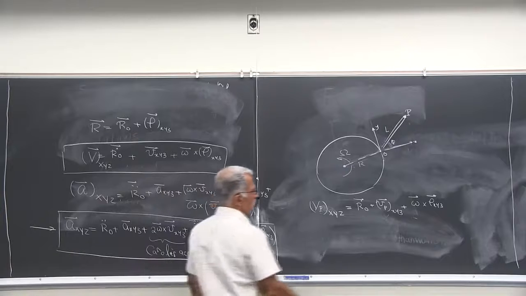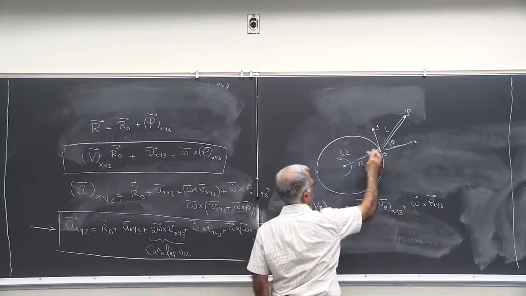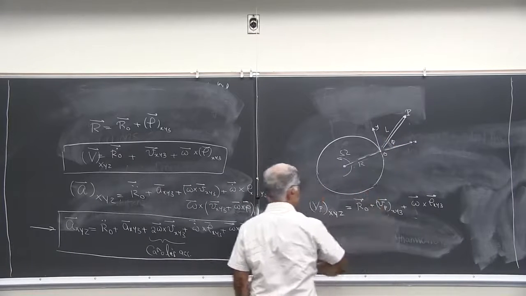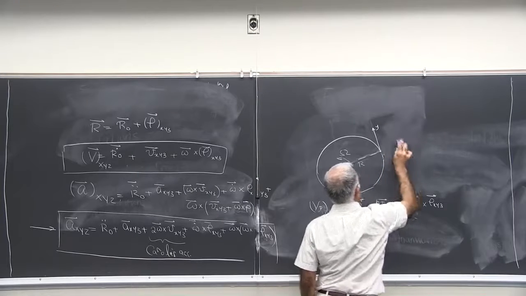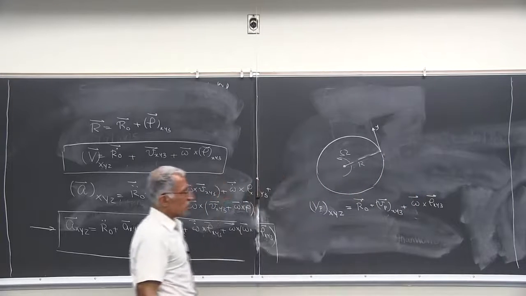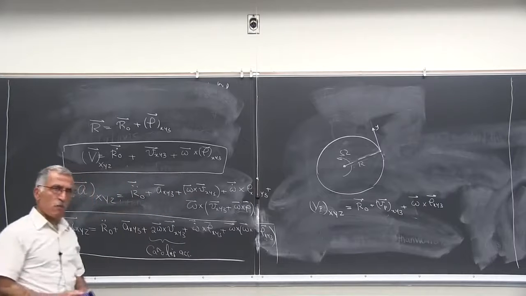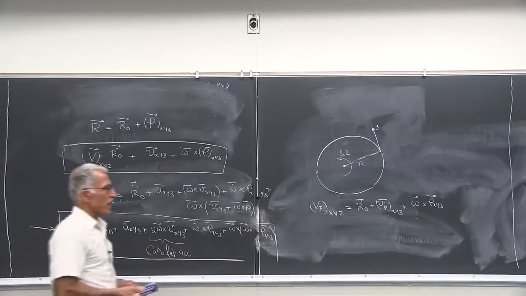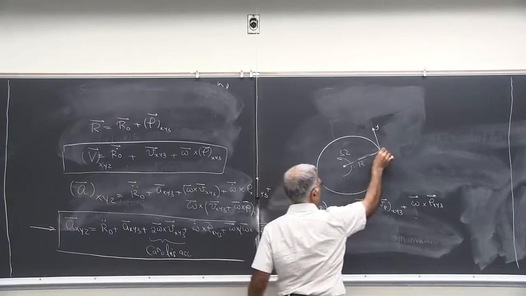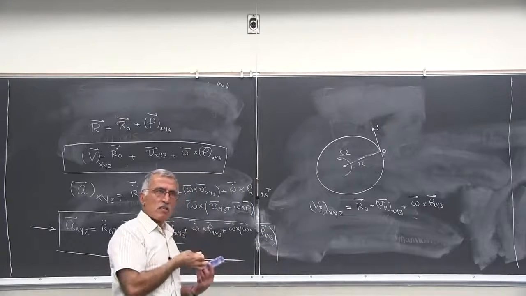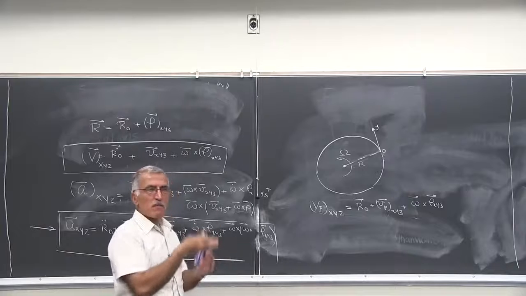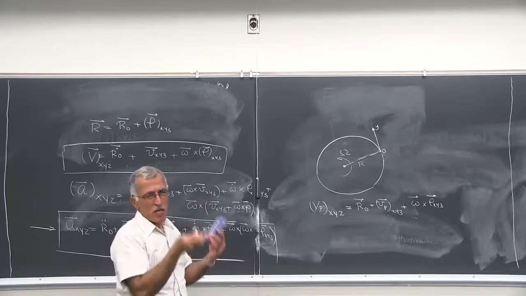So r dot O is basically the velocity of this point. Forget about this section, as if this section does not exist. As you see, the velocity of point O here is simply r omega, and it is tangent to the circumference, and it is in the direction of a small j.